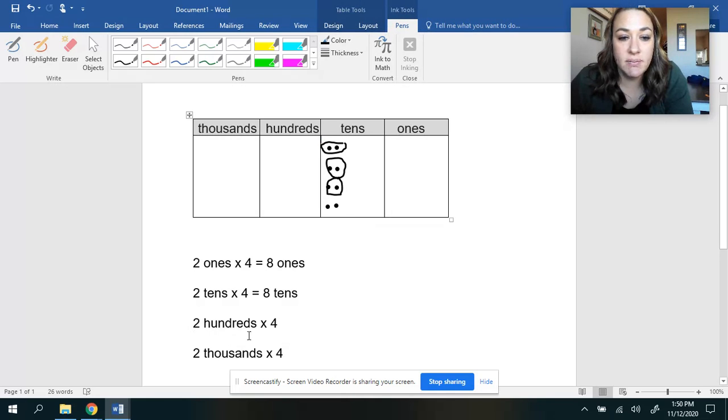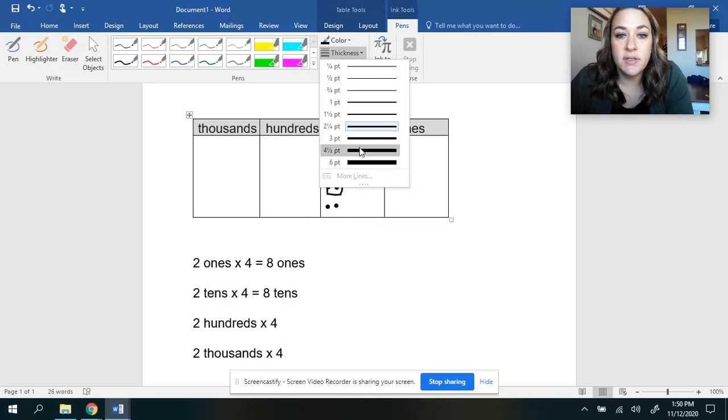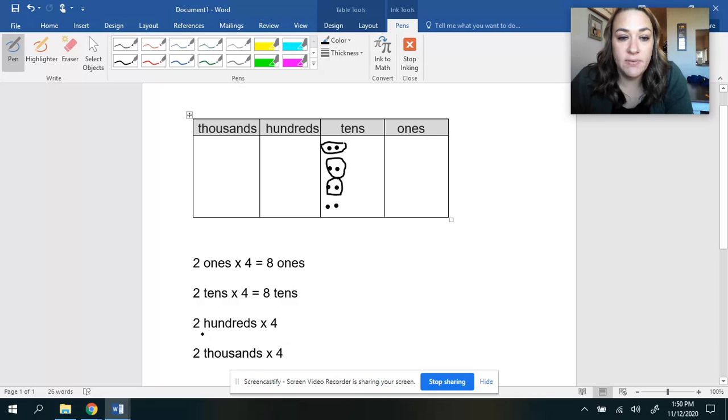So we have 2 hundreds times 4. We're going to do the same thing, come over to our hundreds place. I have 2 hundreds, 1, 2, and then I have times 4. So I'm going to have 4 groups of those. There's 1, 2, 3, 4. Okay, then we could circle our groups.